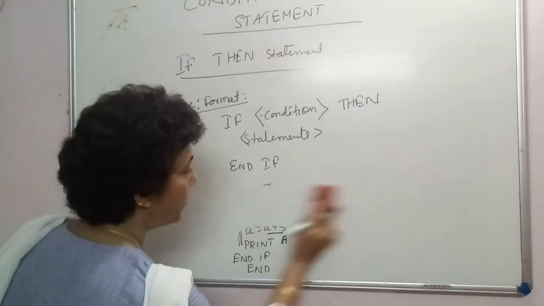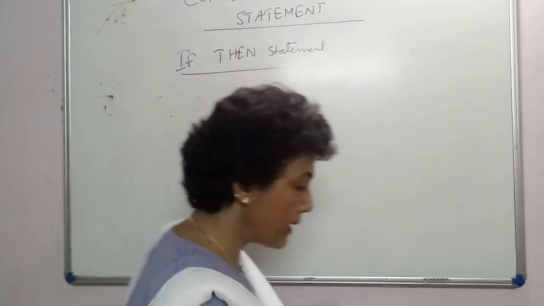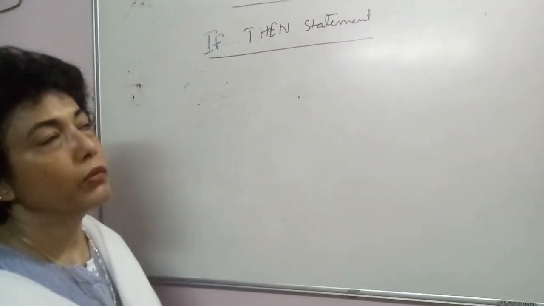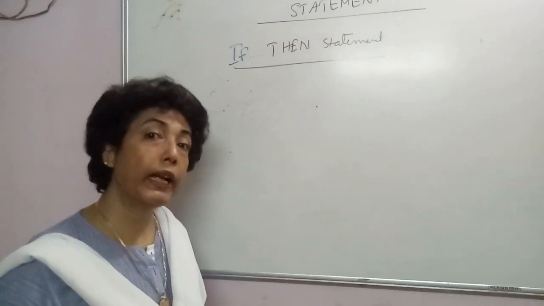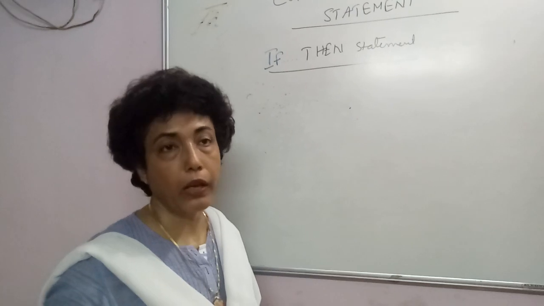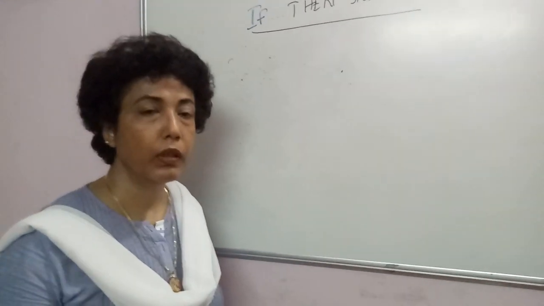Let us take one more example. Now in this example, let us say we will store the name of a weekday, and if that happens to be Sunday, then it will be a holiday. That holiday will come on the screen as output.